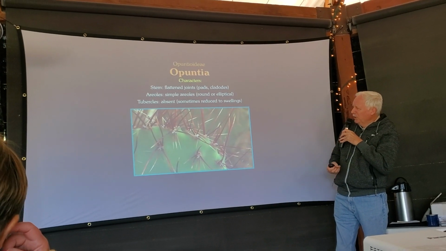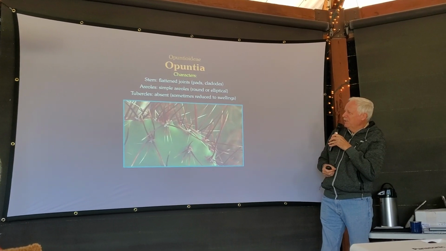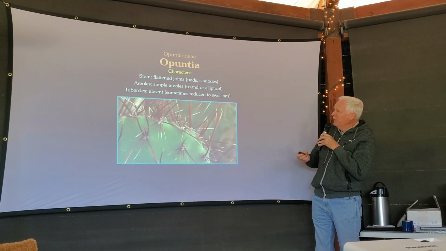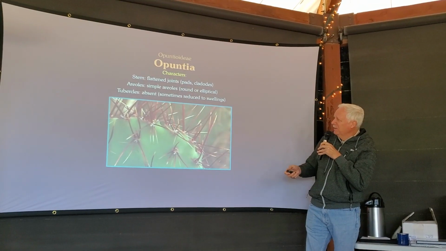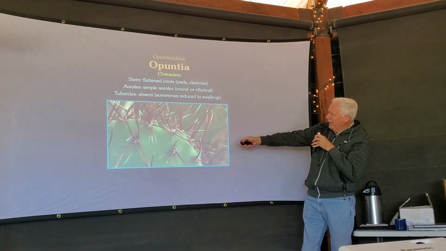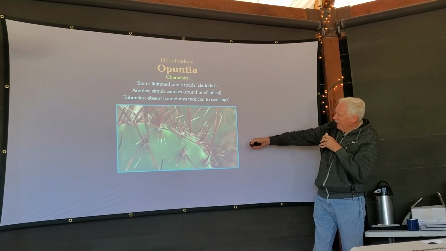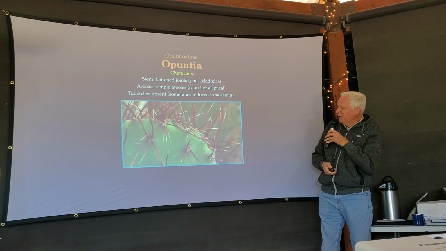So the tubercles, which is just an extension from the stem, and on top sits the areole and the spines, is very common in the Cactoidae, but not in this subfamily. There is one prickly pear where you see a little bit of tubercles, like swellings, but nothing like what you will see later on in the other species.